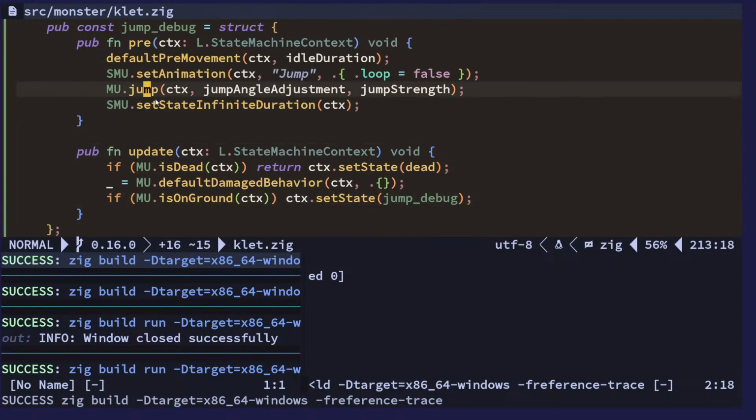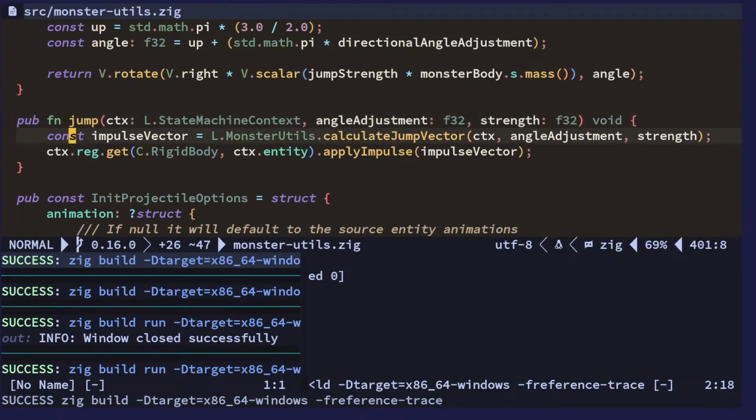So this might then be a little bit wrong. I mean, yeah, because we're applying the impulse, but we don't actually reset the velocity. We should also reset the velocity here.